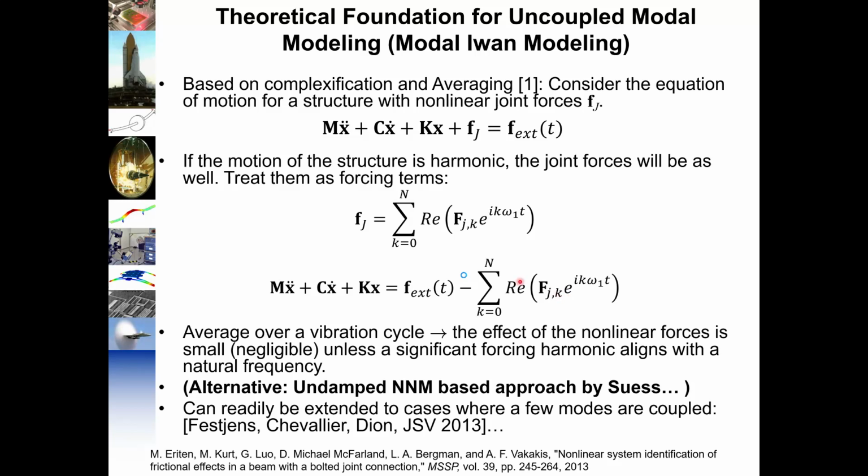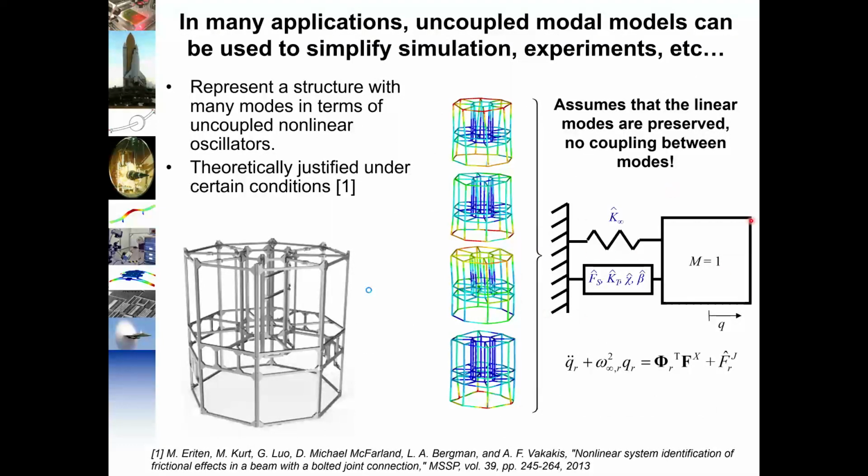So we can treat that as a forcing term, and we can see that if we're thinking about one mode of vibration, this forcing term will only matter if one of those harmonics lines up with the natural frequency. If the natural frequencies are not integer multiples of each other, we can ignore that modal coupling. Anyway, a more detailed way of saying that we'll approximate the structure in this very simple way where each mode is just a 1 degree of freedom system.